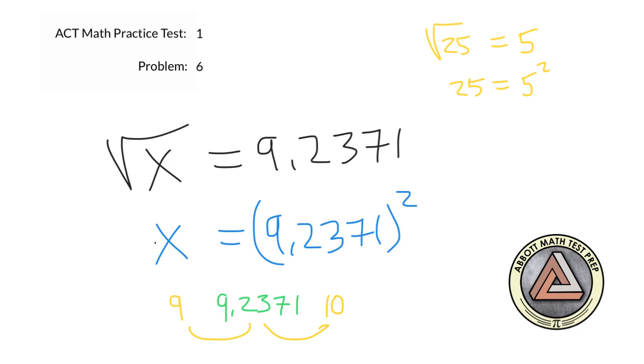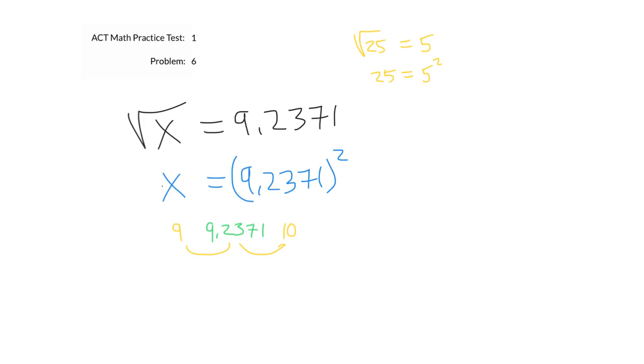And what you could do is the following analysis. You could realize that, okay, well, we know that the answer is what you get when you square 9.2371. And after squaring it, it turns into 9.2371 squared. I'm just going to write that.